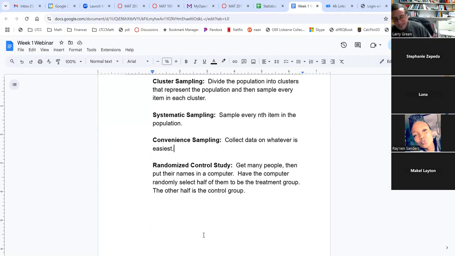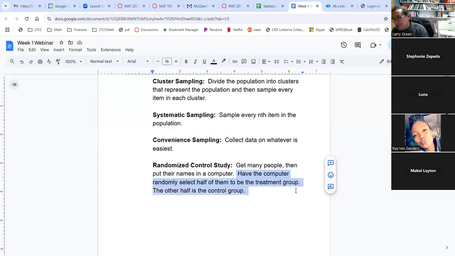And being a statistician, I read everything about it before I got my vaccination. Okay, and what they did is they used a randomized control study, and they actually got 40,000 people who volunteered, and they put their names in a computer, and then they randomly selected. It turned out it wasn't half of them, but a large group of them to be the treatment group.